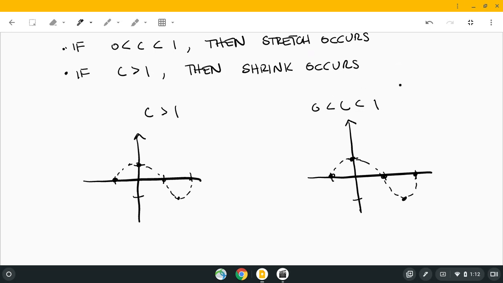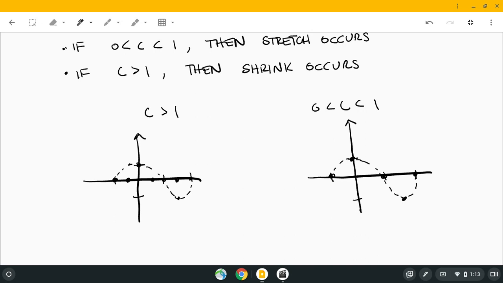So when c is greater than 1, what happens is these all get a little bit closer. So these x values get multiplied, or divided here, multiplied by that fraction. So here, what happens is we get this horizontal shrink. It's like we have this wave occurring in less time. So maybe that one goes there, and that one goes there.